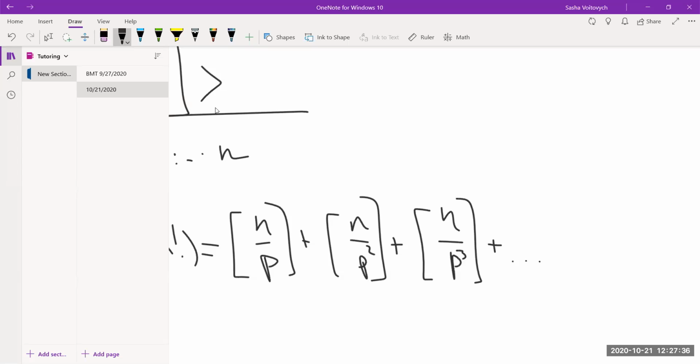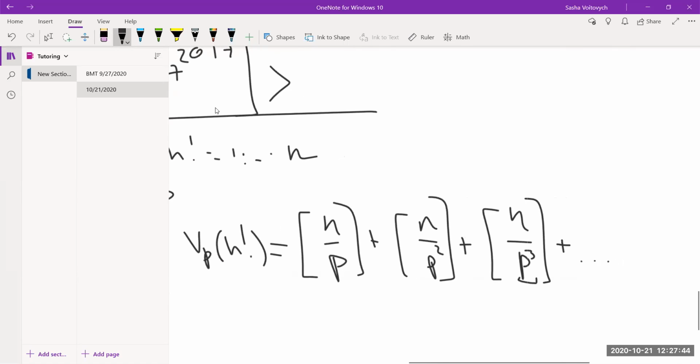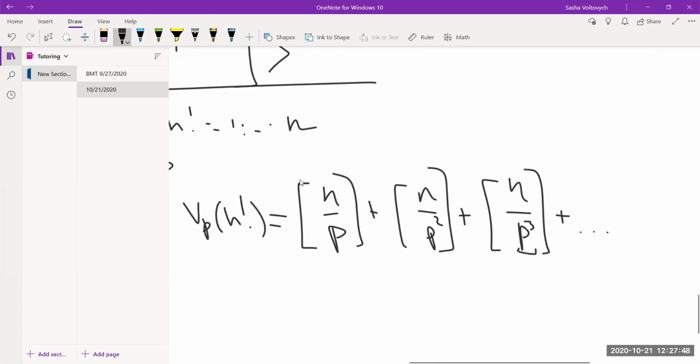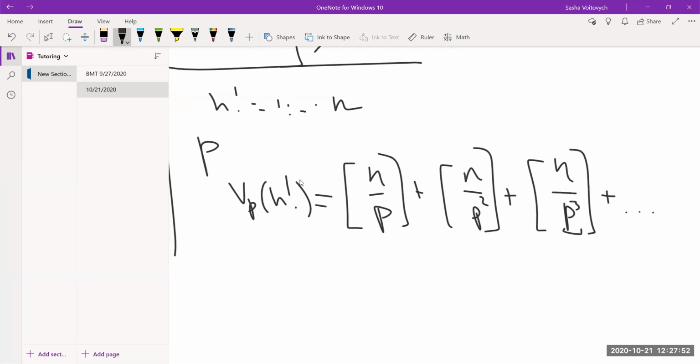So this continues until the power of p we're dividing n by exceeds n. So why is this true? I'll briefly explain why this holds.